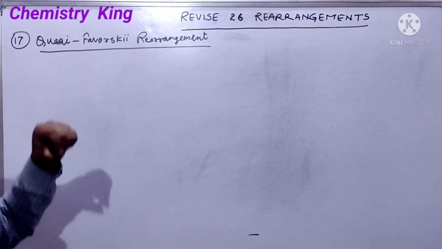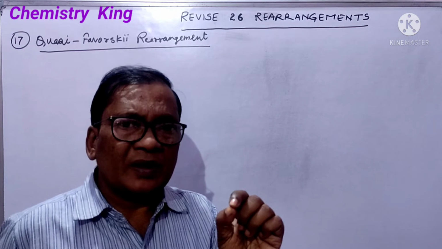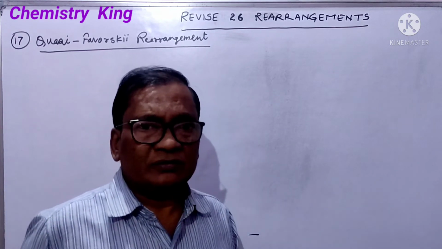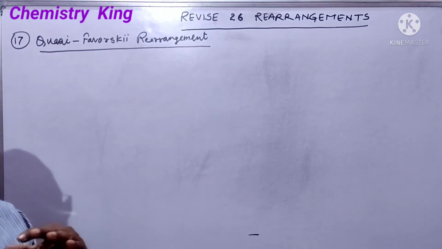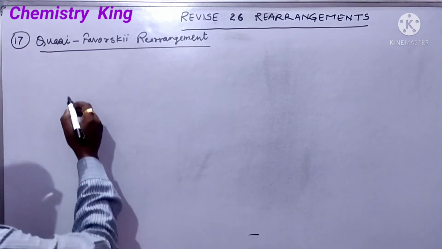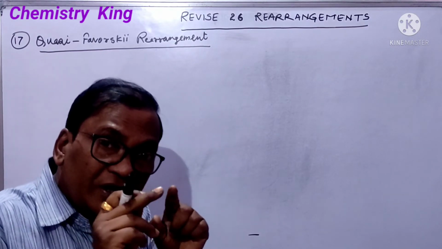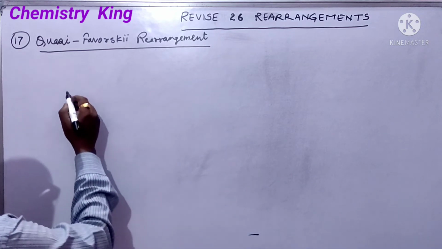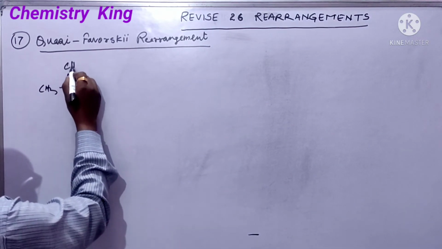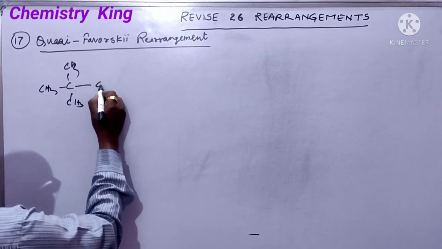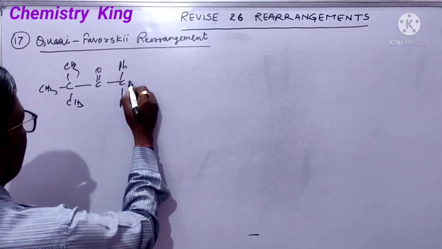In Favorskii rearrangement, we had seen that there is an alpha hydrogen to form carbanion, but here there should be no alpha hydrogen. So when alpha haloketone has no alpha hydrogen, it is CH3, CH3, CH3, C double bond O, C, Ph, Ph, Cl.